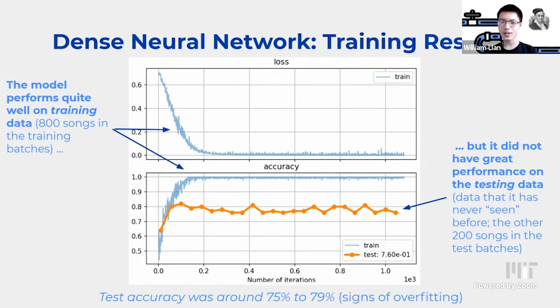So it kept on seeing the training data and it updates its parameters accordingly. However, the model wasn't able to generalize super well on testing data. As you can see, the testing accuracy was around 75 to 79%, which shows signs of overfitting.